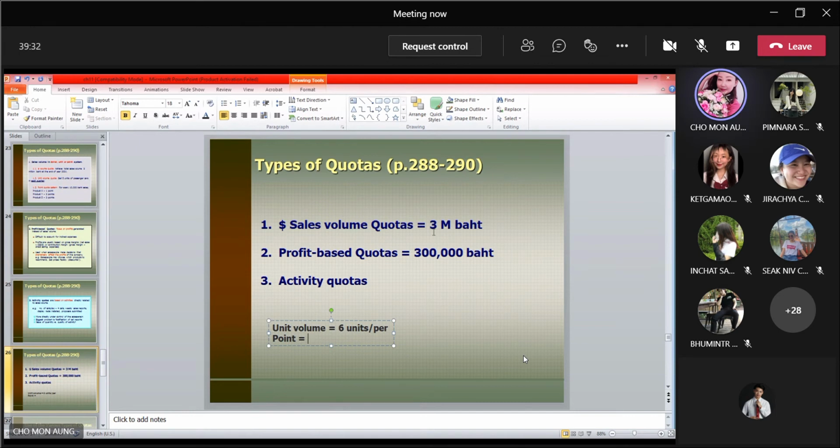$3 million divided by 6. What is the selling price per unit, guys? Is that correct? Yes. Okay.